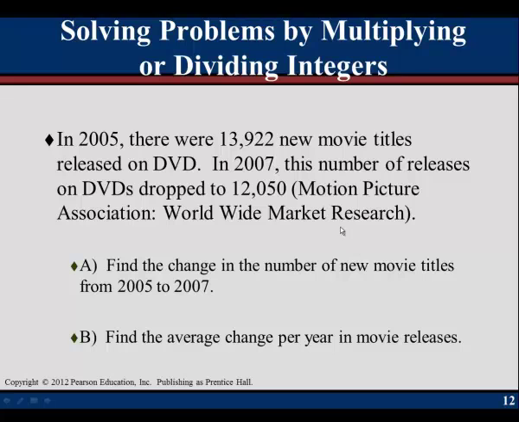Okay. In 2005, there were 13,922 new movie titles.